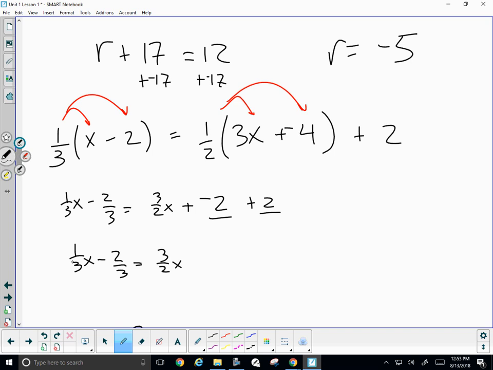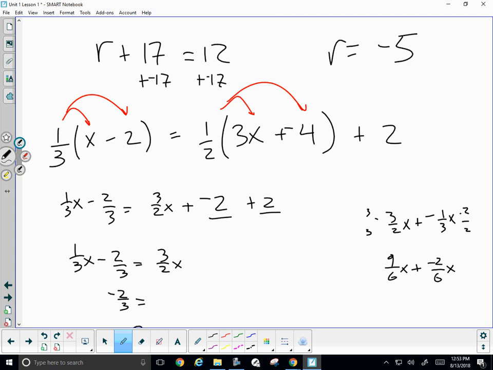I'm going to subtract the 1/3 x. I have -2/3 x is equal to, on the side, 3/2 x plus -1/3 x. Got to multiply by 3 over 3. Got to multiply by 2 over 2. This becomes 9 over 6x plus -2 over 6x.